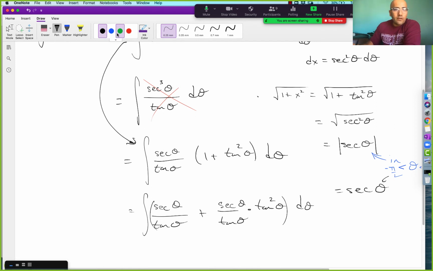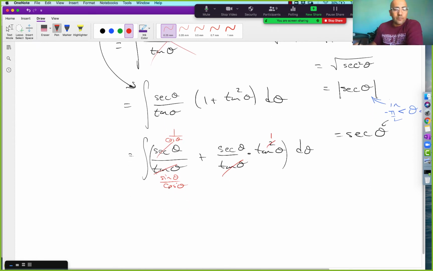Okay, so a little bit of cancellation is going to happen here. This reduces with that, so I just have a power of 1. And then I'm going to rewrite this as 1 over cosine of theta, and this is sine of theta over cosine of theta. So again, it'll be the numerator times the reciprocal of the denominator. The integral of 1 over cosine theta times cosine theta over sine theta.